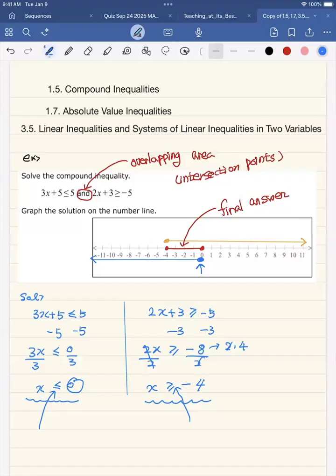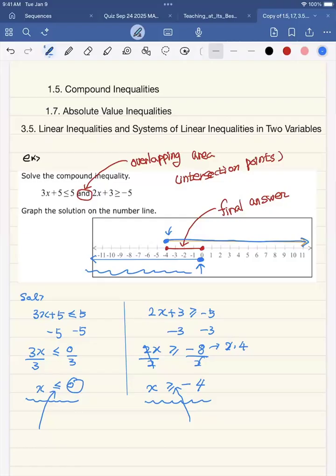And x is less than or equal to 0, so we make the arrow to the left side. On the right side, we have x is greater than or equal to negative 4. It includes negative 4, so we denote it with the disk notation. And then we draw a right arrow because x is greater than or equal to.